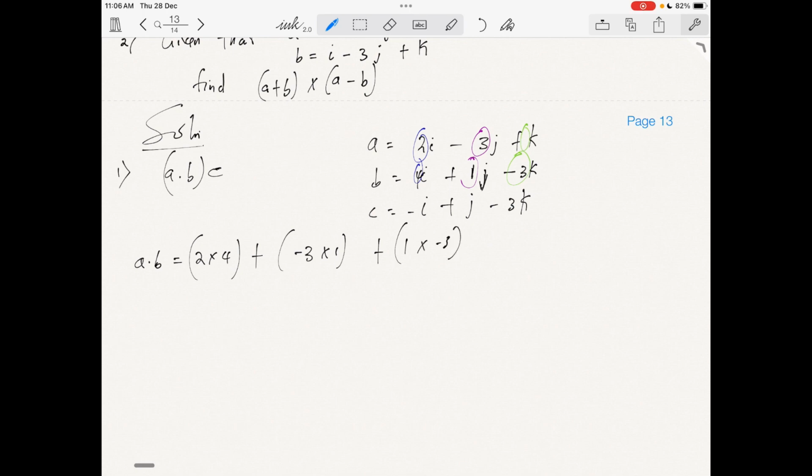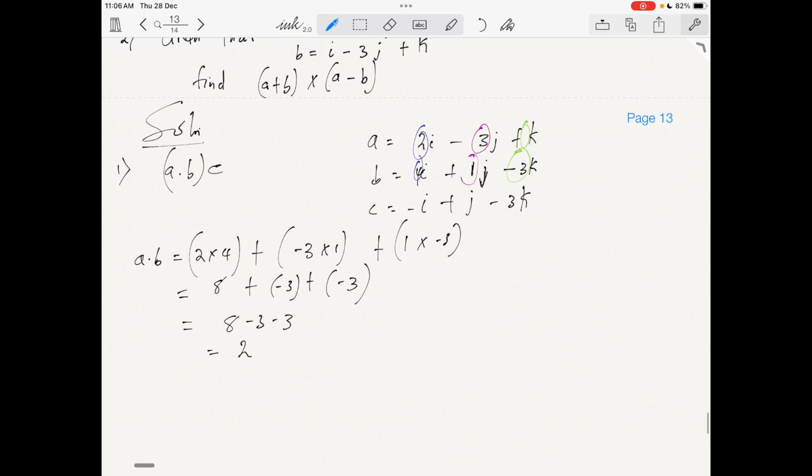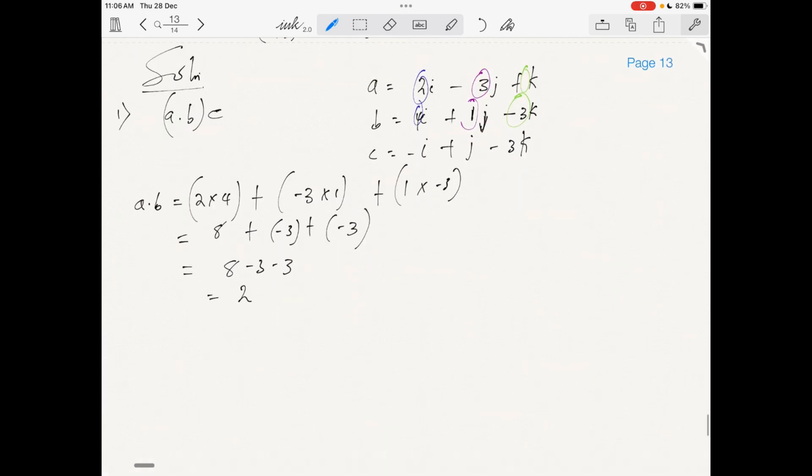Very, very important. And this will give us 8 plus minus 3 minus 3, and 8 minus 3 minus 3 is 2.